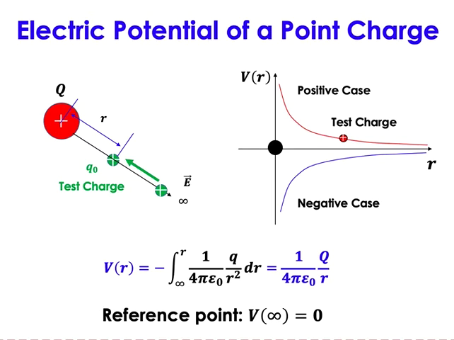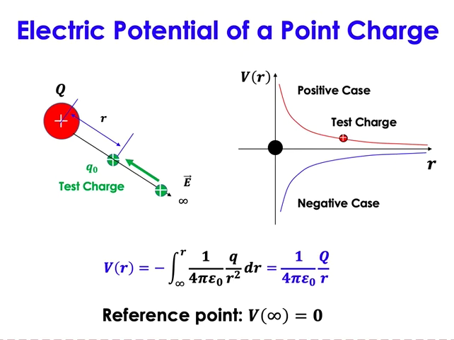Firstly, let us review the electric potential of a point charge. When we move this test charge from infinity to distance r, the work required to move the test charge Q0 can be calculated. It is equal to the electric potential times Q0, the test charge.